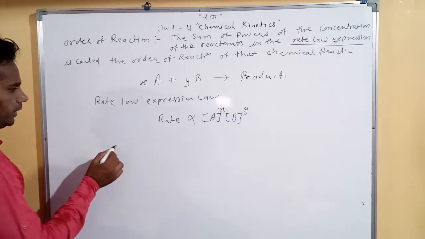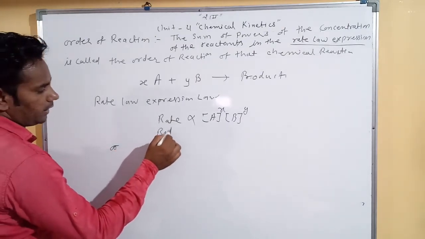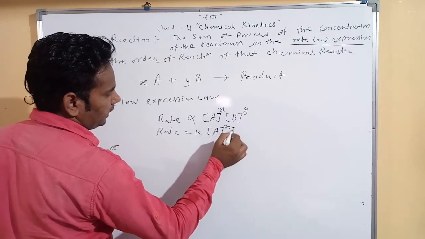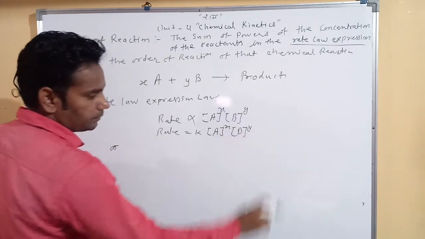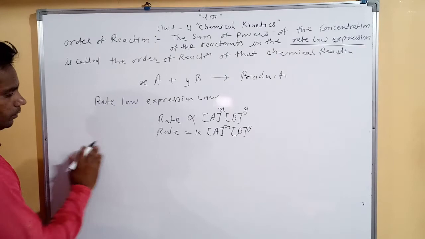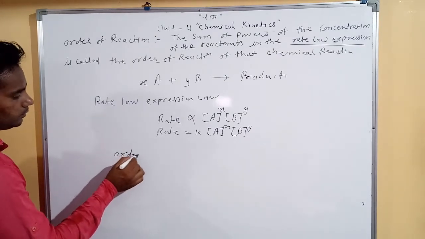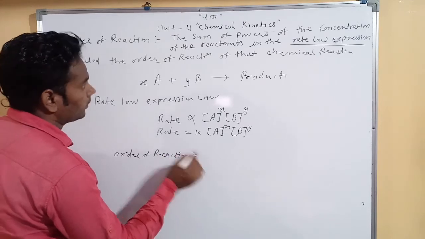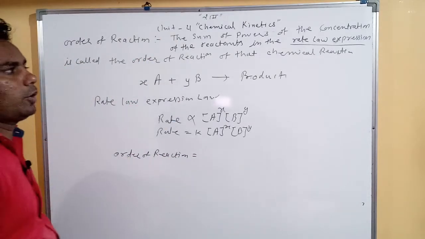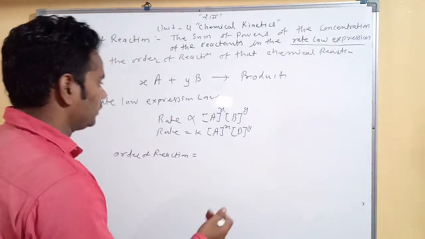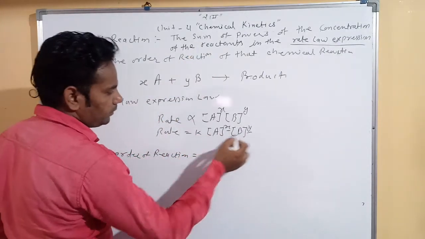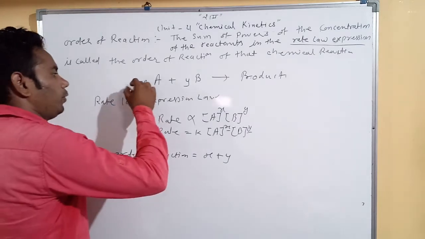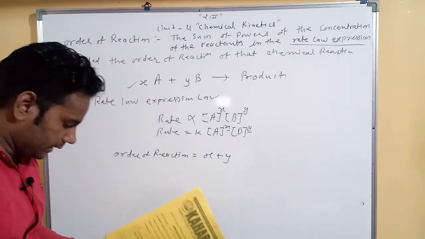So our order of reaction, again we know about K, A to the x and B to the y. Order of reaction is the sum of powers of concentration of the reactants. The powers here are x and y, so x plus y is called the order of reaction for that particular chemical reaction.